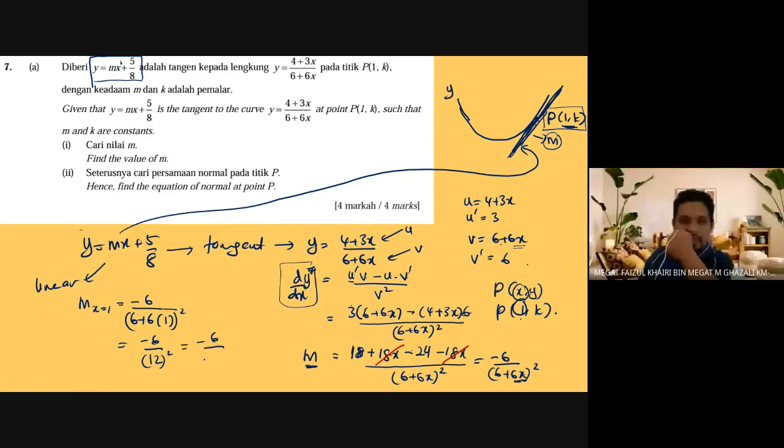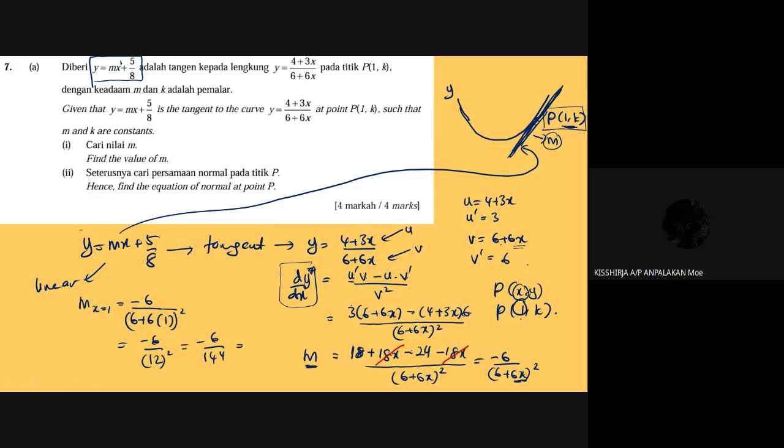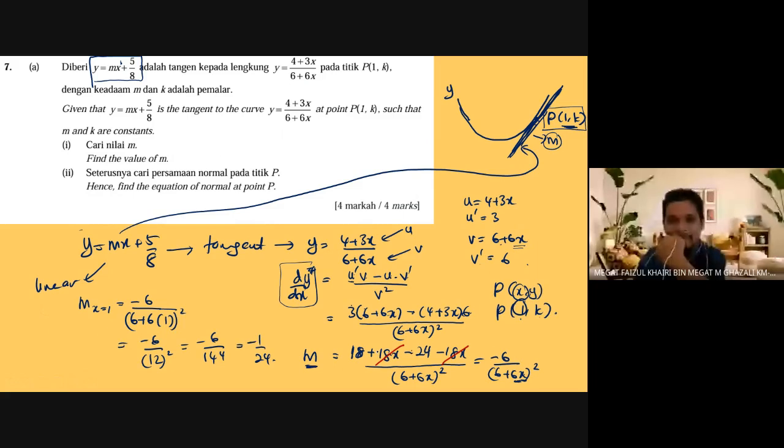Negative 6 divided by 144 gives negative 1 over 24. Good. So this is m when x equals 1, and the gradient is negative 1 over 24.